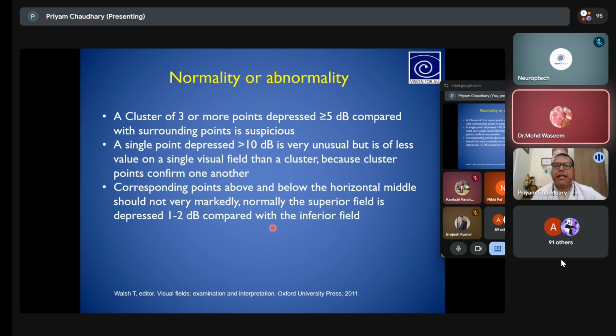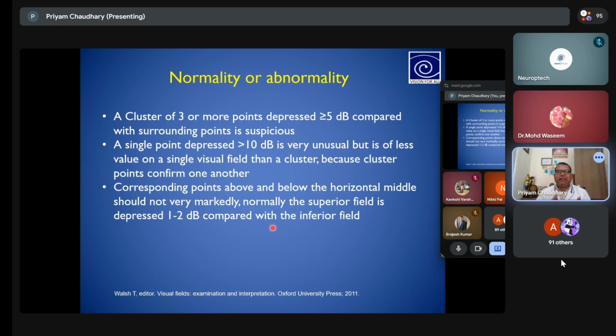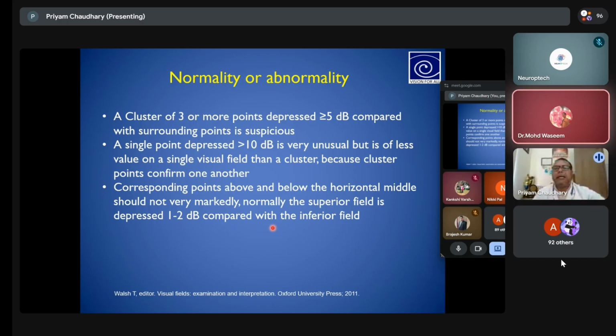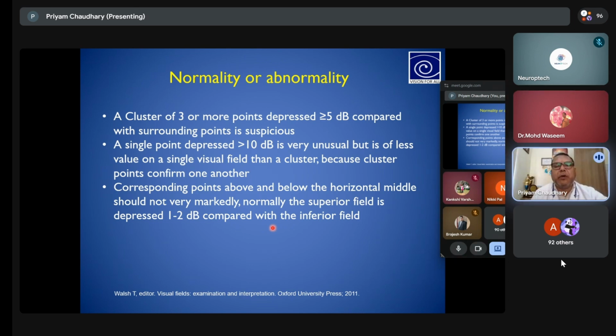If, for example, you get a threshold of 30 at one point, the surrounding points are not more than 5 dB different. A single point depressed more than 10 dB is very unusual, but it is of less value on a single visual field than a cluster, because cluster points support one another.